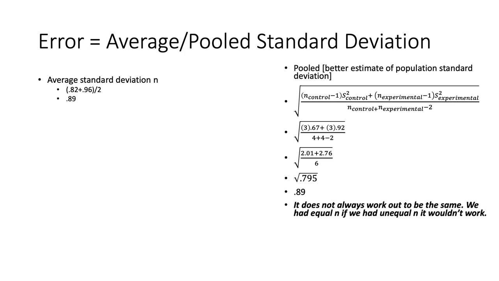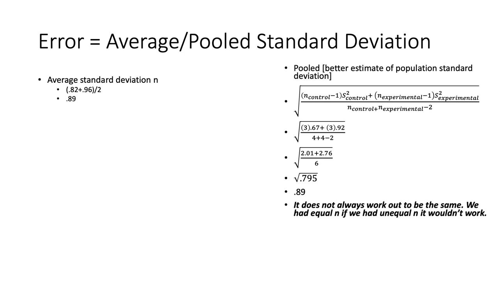We see we're multiplying it by n-1 for both of those groups. What you don't see, because the denominator got simplified, is that it's really dividing by n of the control minus 1 plus n of the experimental minus 1. That just works out, n of control minus 1 plus n of experimental minus 1, all in one equation, is just n of control plus n of experimental minus 2.